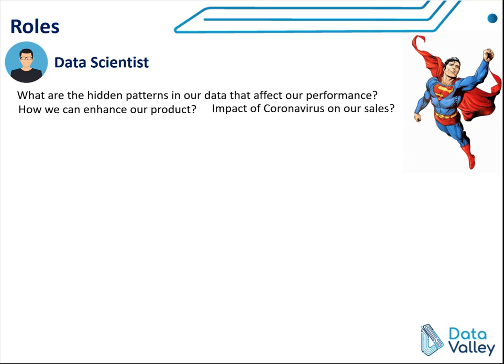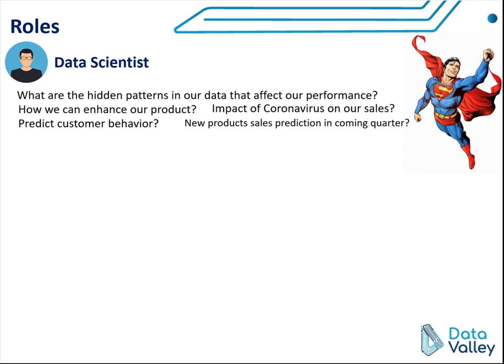Another task could be: what is the effect of coronavirus on sales and the overall company, which will be a very critical question for organizations working in tourism or trading business, because for sure this situation will impact their business. Another example could be to predict customer behavior or customer response for a certain product or service, or even predict sales for a new product or a new service in the coming quarter.